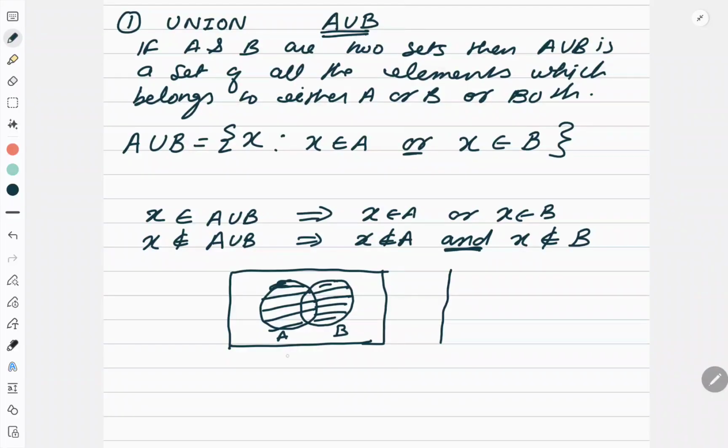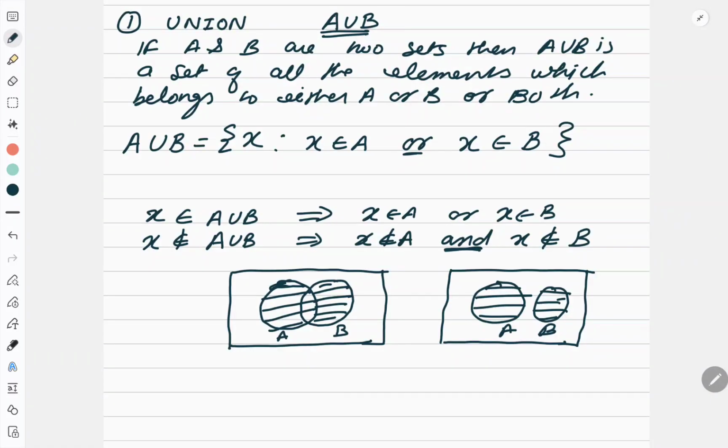Even if you have this, shaded portion is your A union B. Even if you have the disjoint sets like this, A and B, then A union B means this. Okay, so this is how I can represent it by Venn diagram.